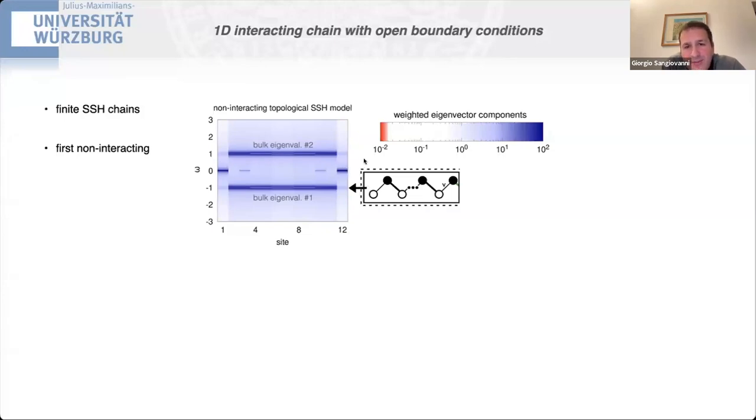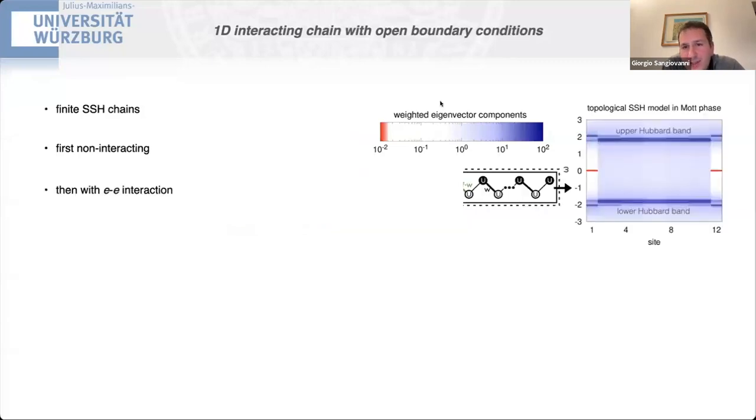Now, if I switch to the interacting case, then I have some bulk eigenvalues that are lower and upper rubber bands, essentially. And now my determinant shows nicely zero energy zeros that are in red here, isolated zeros, living at the edge of the chain at site 1 and site 12.